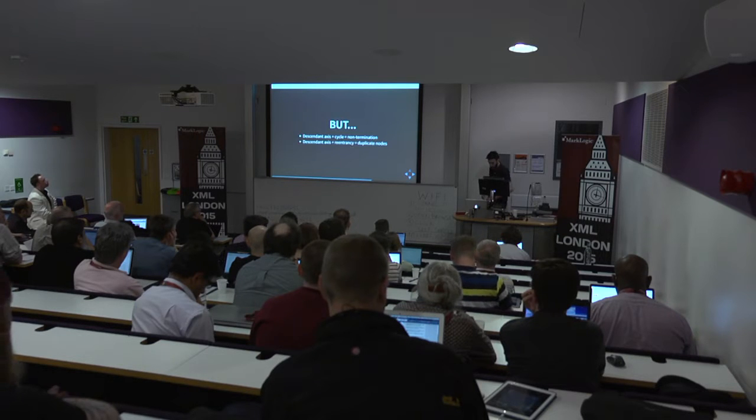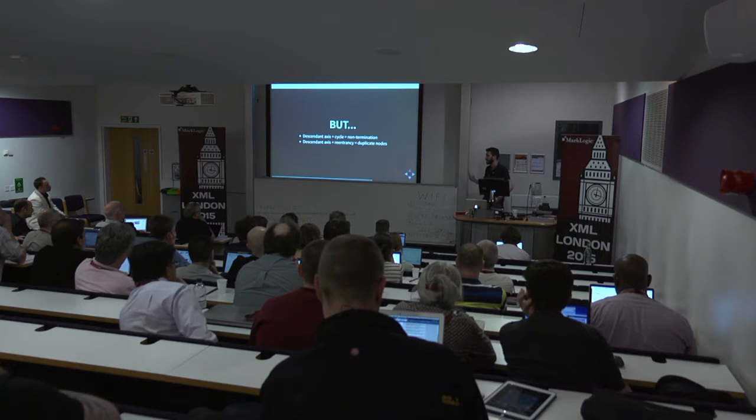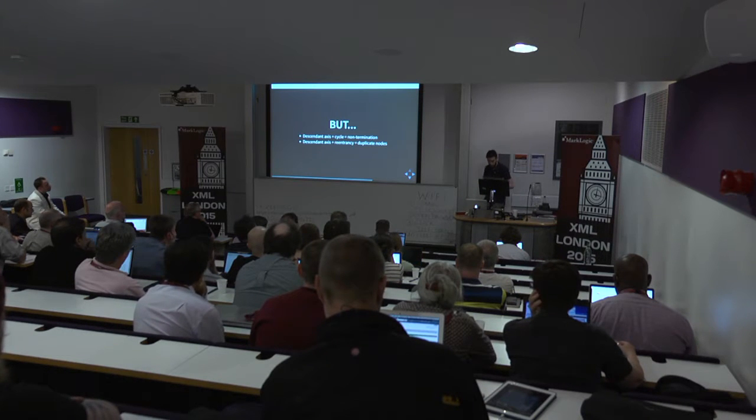Also, the descendant axis, in the case of a reentrant graph, will cause your node set to have duplicate nodes. Because you have this node with two parents, and this diamond thing, and the descendant axis will get there in two ways. So you will have the same node twice.